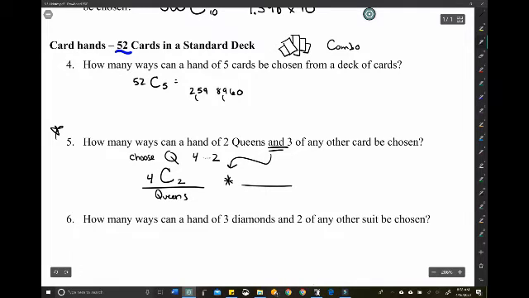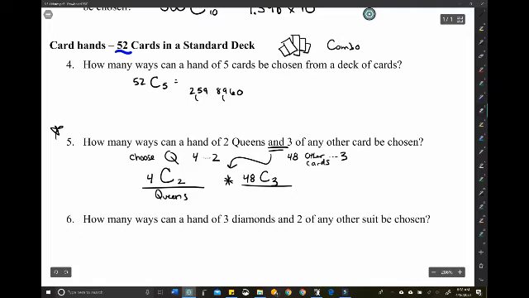times, now 3 of any other card. How can I choose any other card? Well, there are 48 other cards. Okay, 4 of them are queens, 48 of them are not queens. And I want 3 of them. So this part's 48 choose 3.